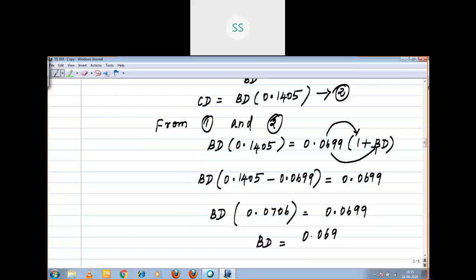See how to multiply this, then this. When you shift to the left side and subtract, what do you get? 0.0706.